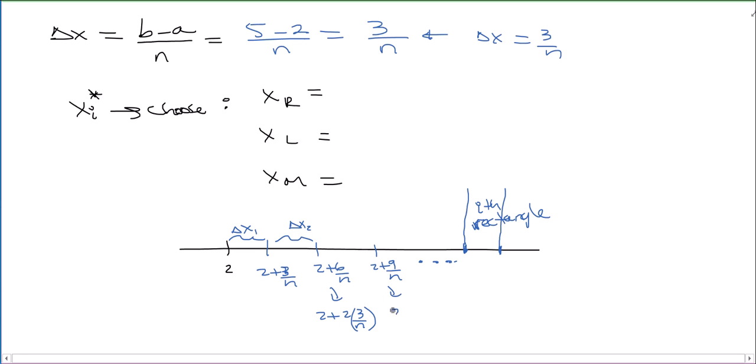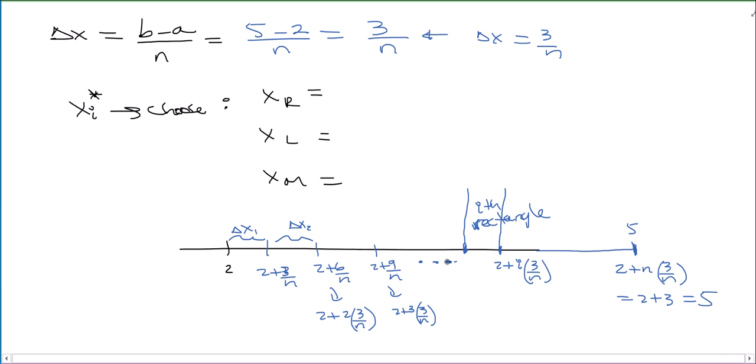And this is 2 plus 3 times 3 over n, and so on. So this is going to be 2 plus i times 3 over n, until you get to your 2 plus n times 3 over n, which will just be 2 plus 3, which is 5.